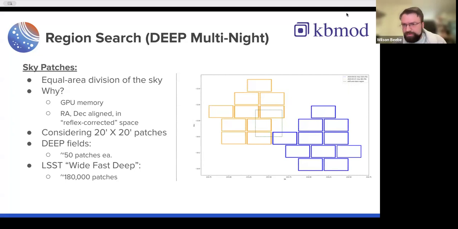In this plot here, though we were discussing Rubin data, a lot of our early testing has been with DEEP. Here we're considering the case where we've taken 2 nights of data that are about 35 days apart. You can see here's where the chips are on each night in actual space.